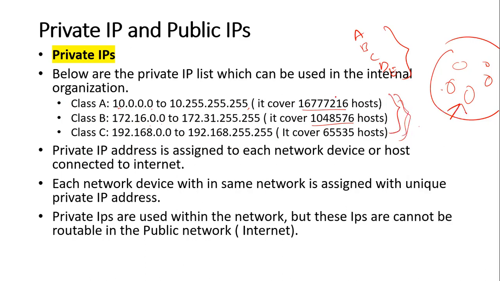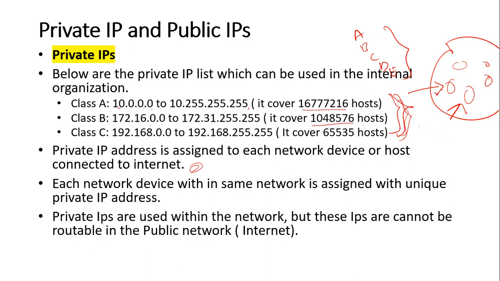Okay, so these IP addresses are classified as private IP addresses. These private IP addresses can be assigned inside the organization, and outside of the organization they can't work. That is how it is designed by IANA. So here a private IP is assigned to each network device or host.